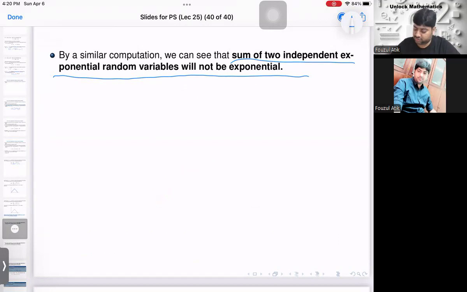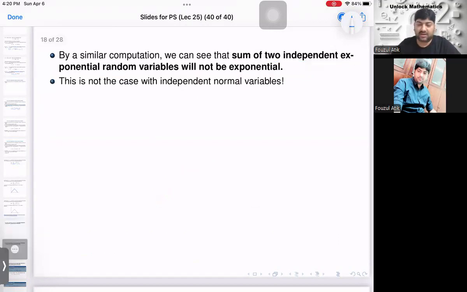So the question is whether for normal random variables their sum is also not normal. No, in that case it is not. The normal random variable is a special case. What happened for uniform and exponential is not the case for normal random variables.